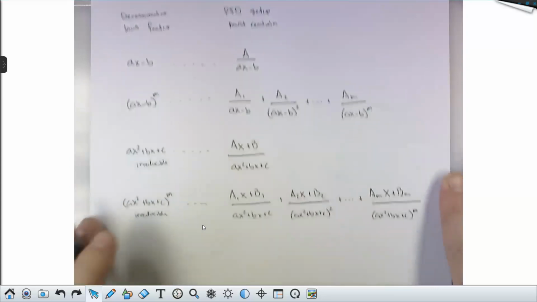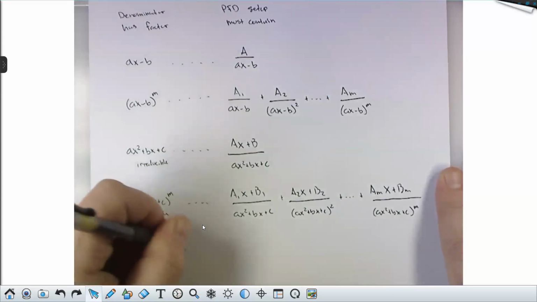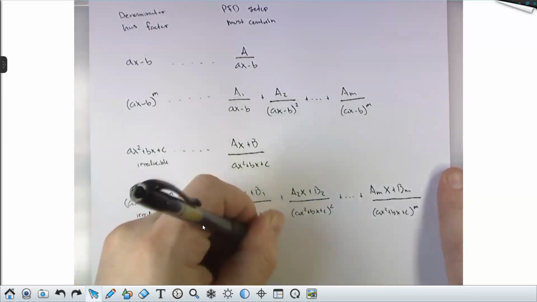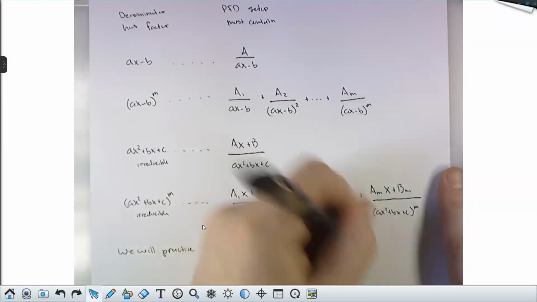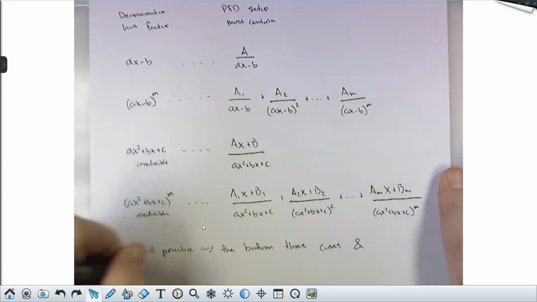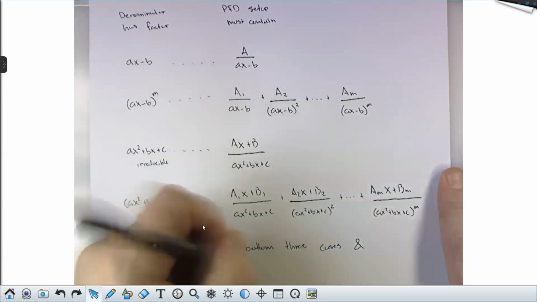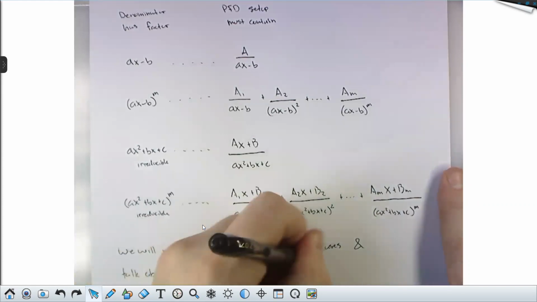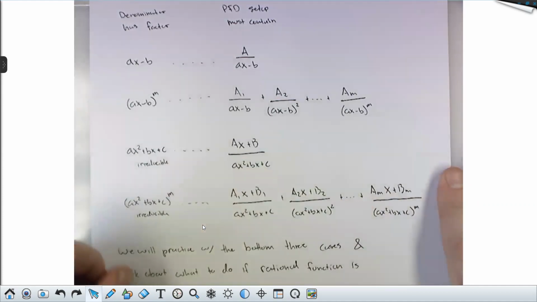So today we will practice with the bottom three cases, and talk about what to do if the rational function is not proper.